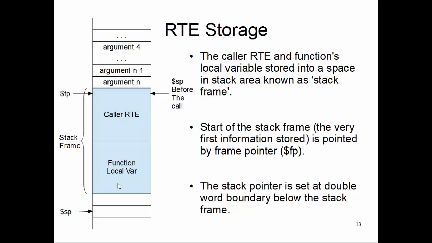And then there is a 2 word gap from the end of the frame, and your stack pointer is pointing to such an address which allows a double word push. All right.